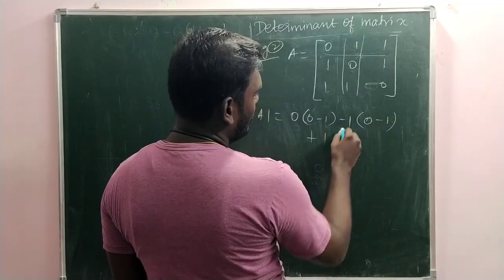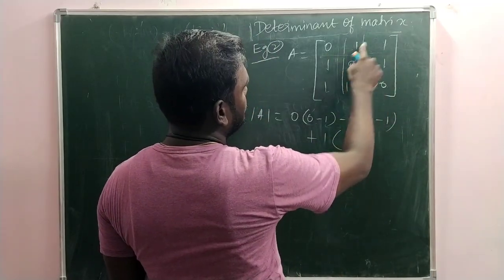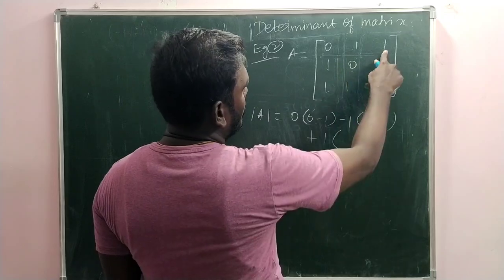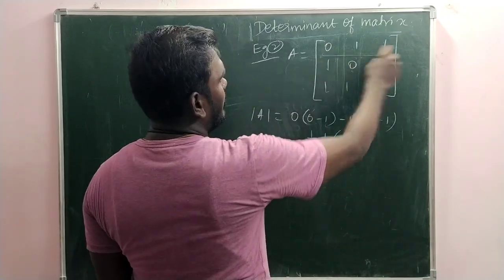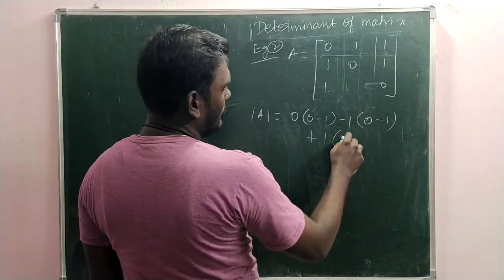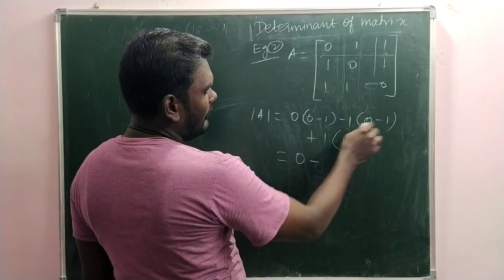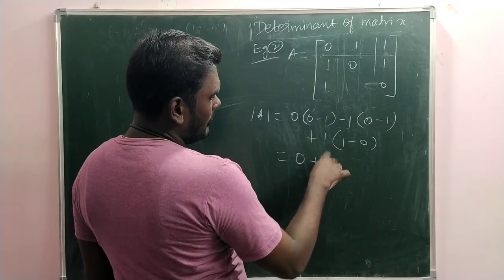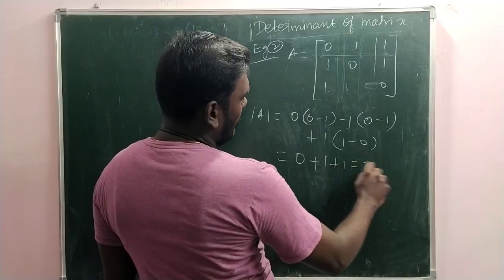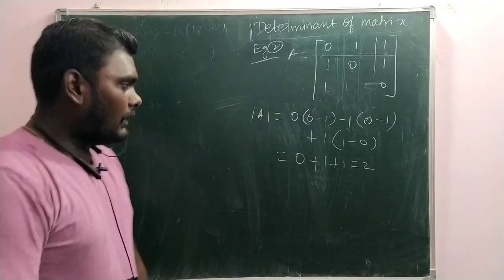Plus the last one, this 1 into, leaving that row and that column, 1 1s are 1 minus 0. So we'll get 0 minus of minus 1 is plus 1, plus 1, answer is 2. Then where did you make the mistake?